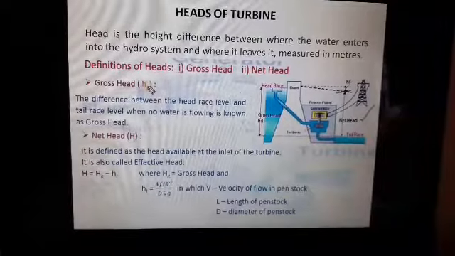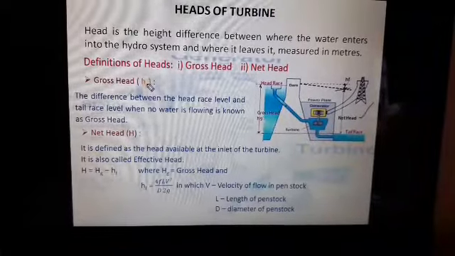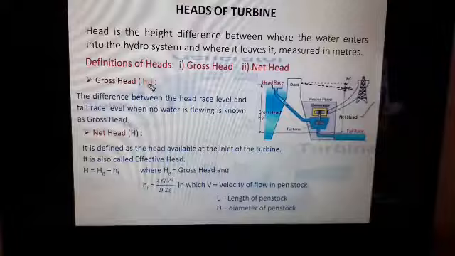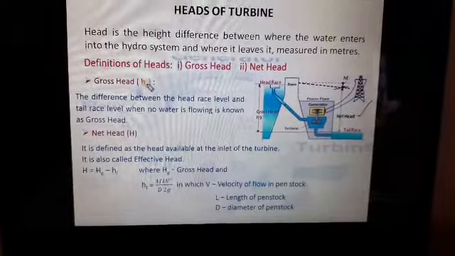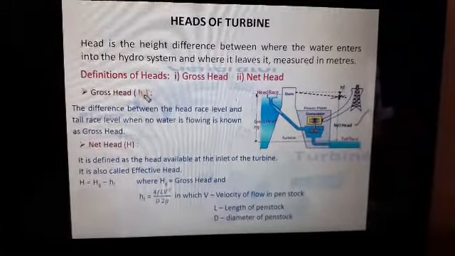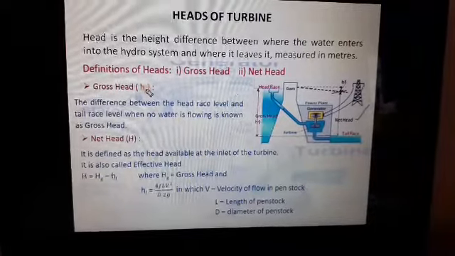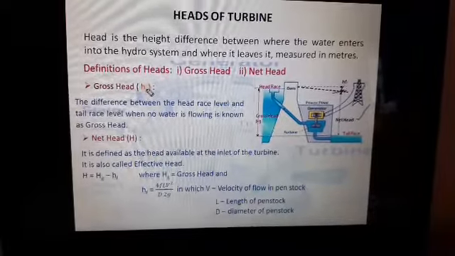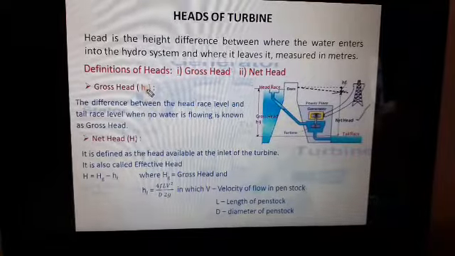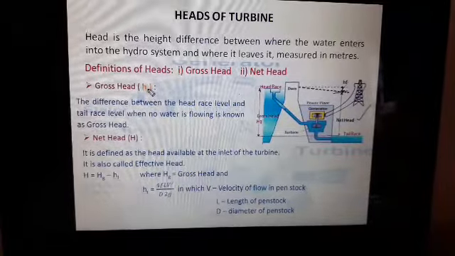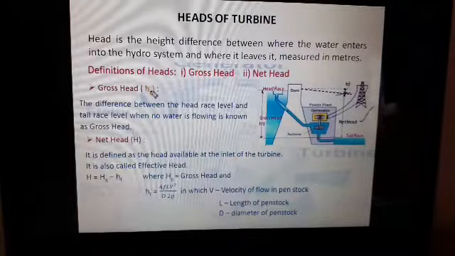We consider frictional losses, which are responsible for loss of head in the turbine. So to calculate net head, we subtract the head loss due to friction in the pipe from the gross head.